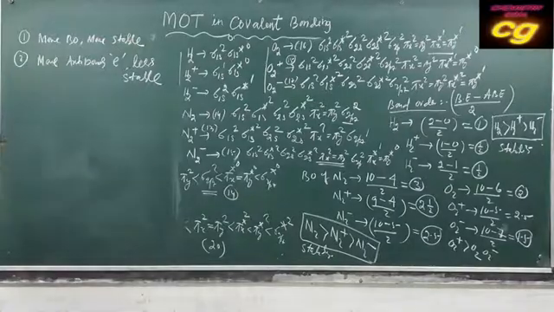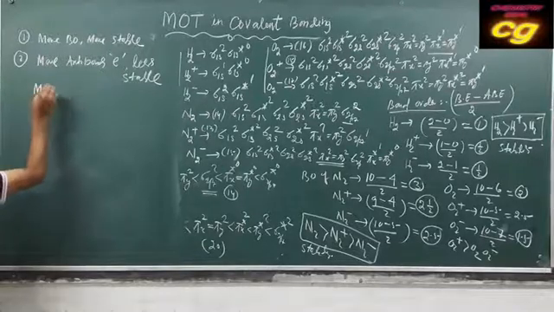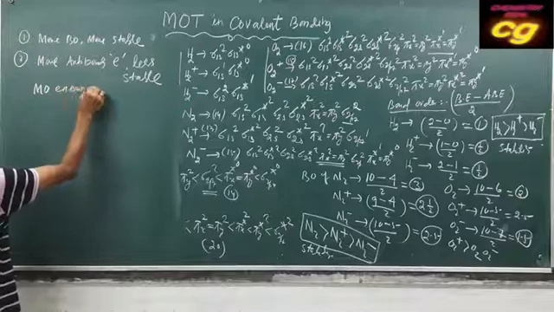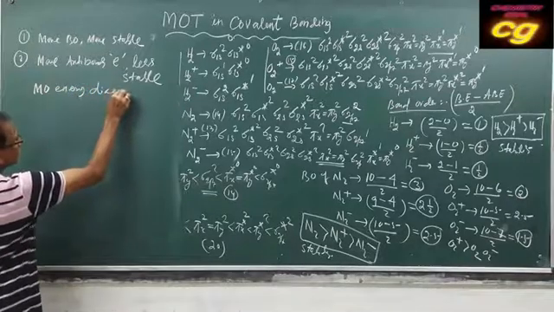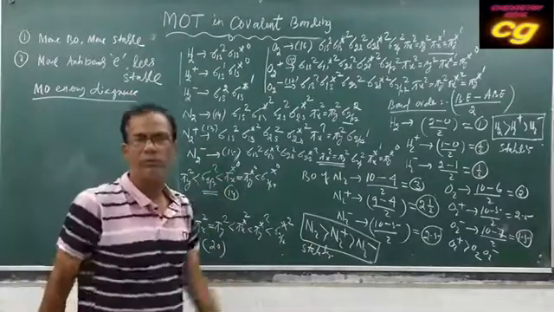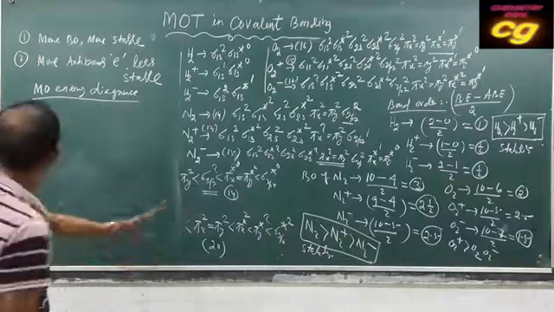Then the molecular orbital energy diagram, the MO energy diagram. Sometimes it is also asked how you can draw the molecular orbital. Here, for example, let us take the nitrogen molecule.